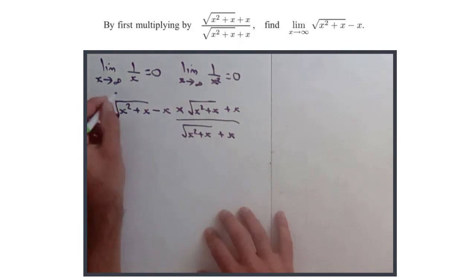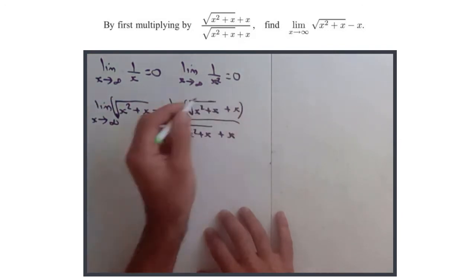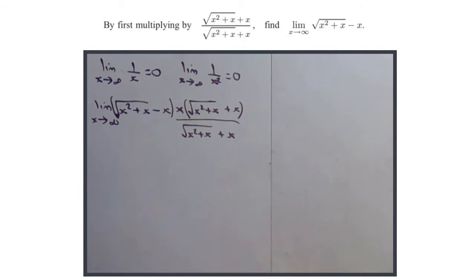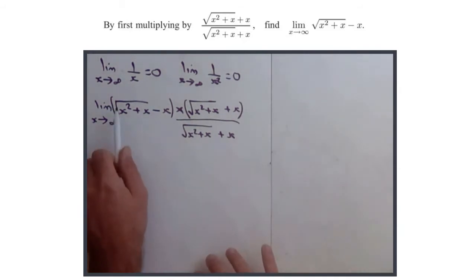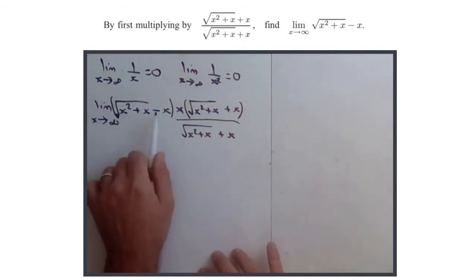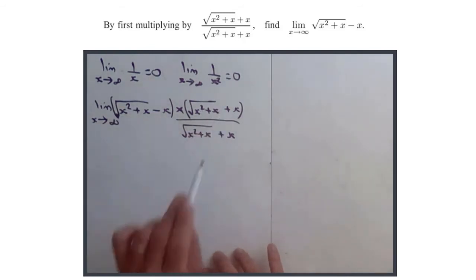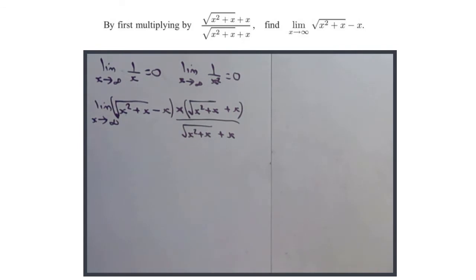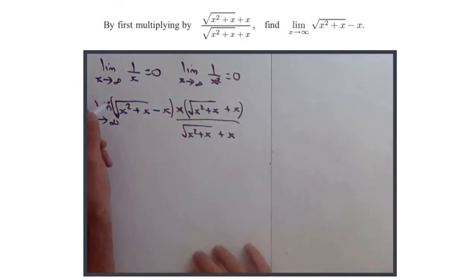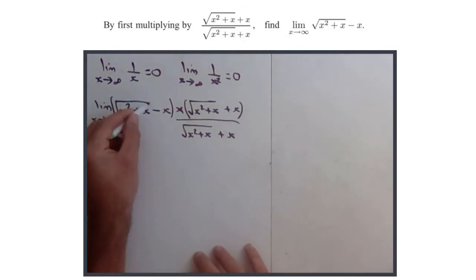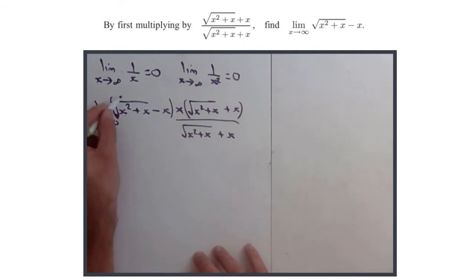If I put brackets around that, hopefully you can see this difference of two squares. If we say a is the square root of x squared plus x and b is x, you've got a minus b, a plus b. Once you expand it, it goes to a squared minus b squared. So a squared would be the square root of x squared plus x, squared, which is just x squared plus x.